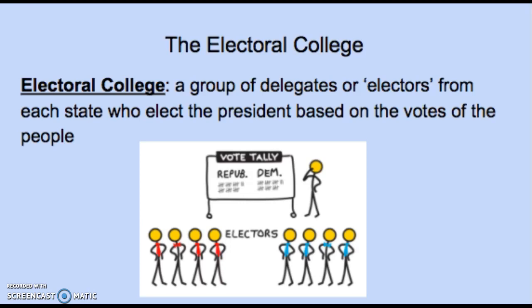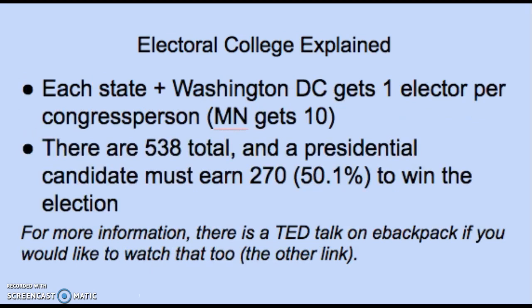So all of the electors will vote for whoever the people of Minnesota voted for. So if the people of Minnesota voted, let's say 55% Democratic, 100% of the electoral votes are going to go for the Democrat. Confused? That's okay. We'll keep talking about it.